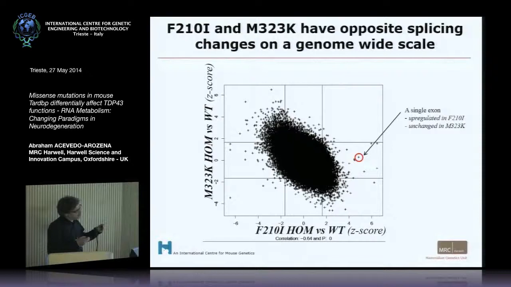Some had a loss of function signature, but at least one had a gain of function signature. So that's interesting, and we are definitely following how, mechanistically, this mutation can affect the splicing and be more efficient.